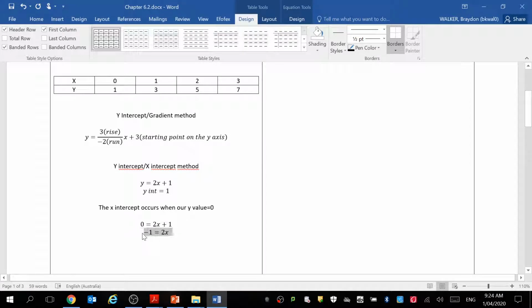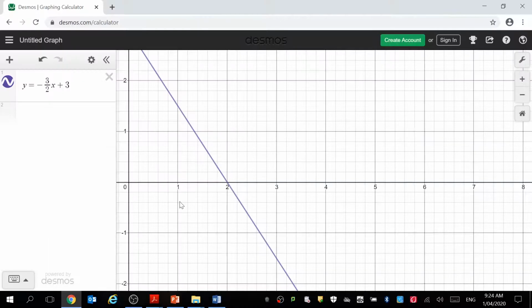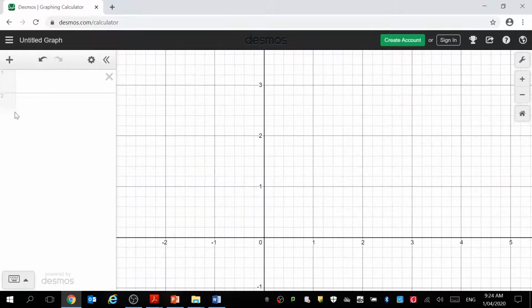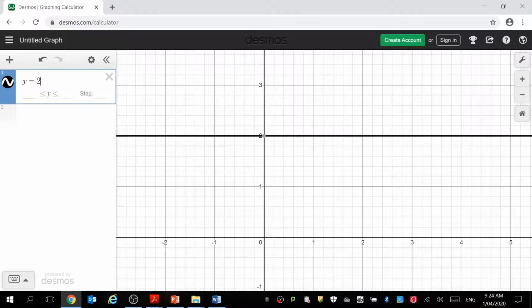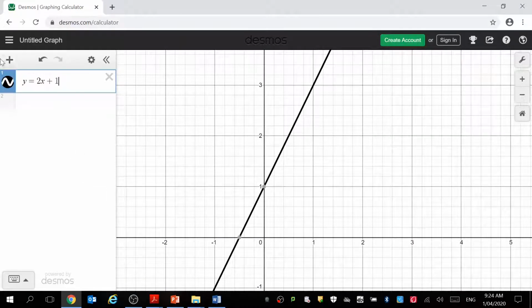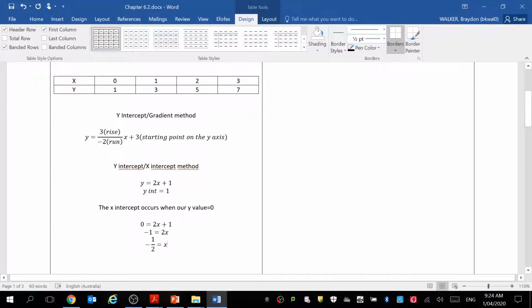What it's going to become is negative 1 over 2, or negative a half. Just to prove it, this is not the equation we're looking at now. It's y equals 2x plus 1. We already mentioned earlier that the y-intercept is 1. You can see that there. And the x-intercept, there you go. Proof is right there. Negative 0.5 or negative a half.